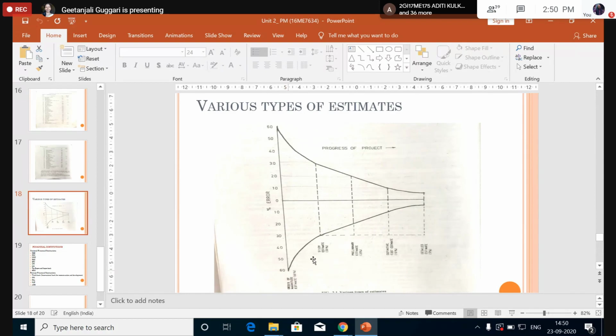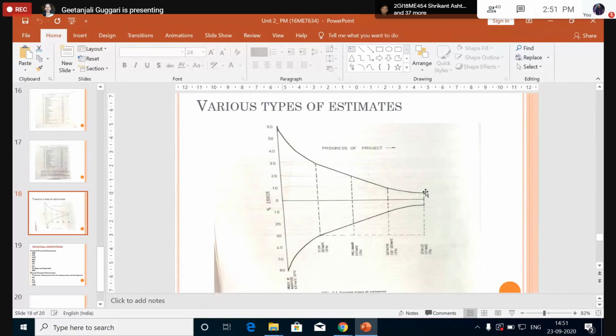When we come to the study estimate, we are able to calculate for an accuracy of 30%. Then we come to the preliminary cost estimation, where we are able to calculate to an accuracy of 20%. And when we come to the definitive cost estimation, we are able to calculate for an accuracy level of 10%.